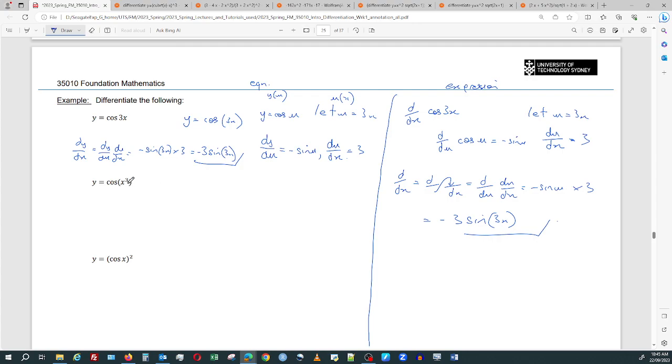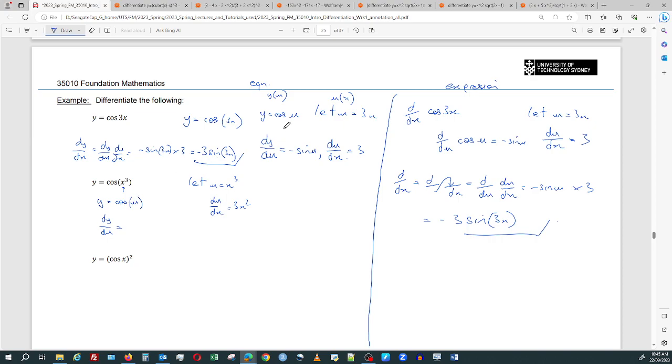Just be careful with these. This means the cos of this argument. So in this case, we're going to let u equal x cubed. y can then be rewritten in terms of u. There it is, you see. So dy du and du dx, and you'll get used to them. du dx is 3x squared, and dy du is the cos.